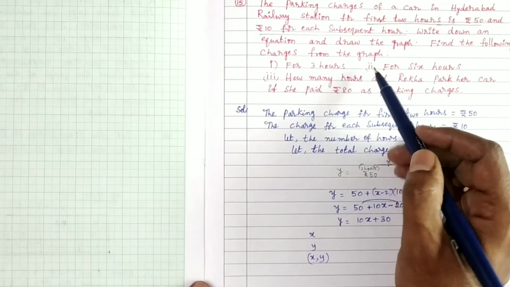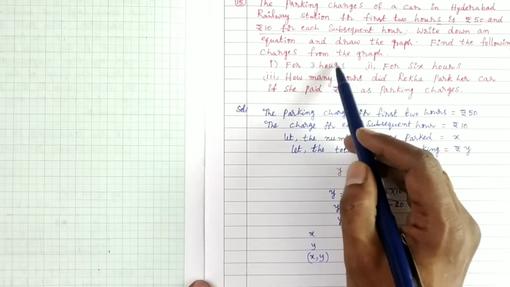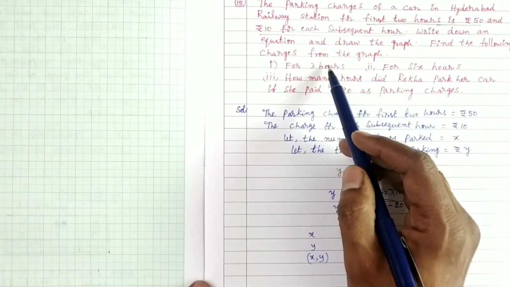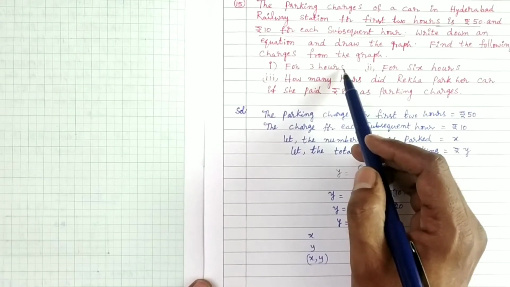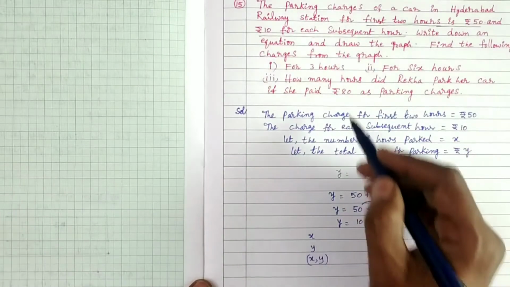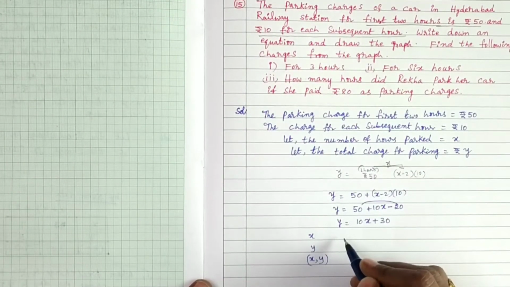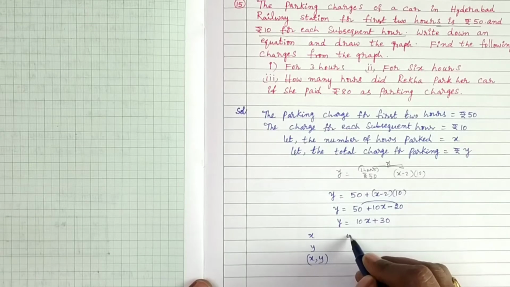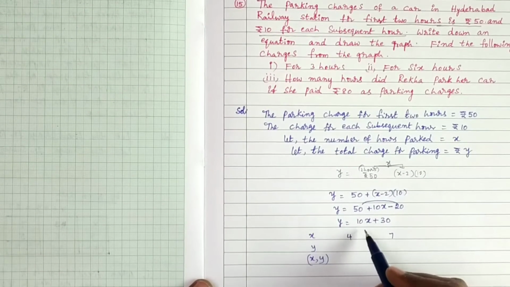Why? Because when we observe this graph to find these answers, it will be interesting. So I preferred to take other values out of 3 and 6. So I preferred 4 and 7.